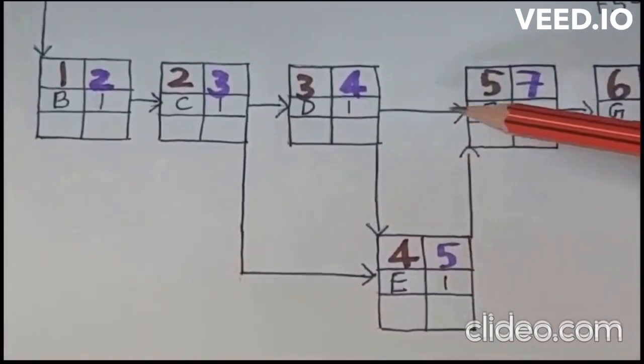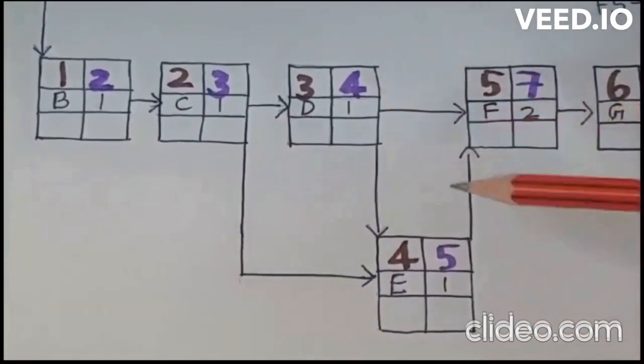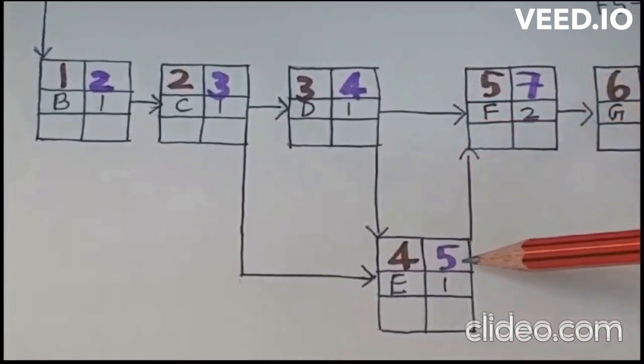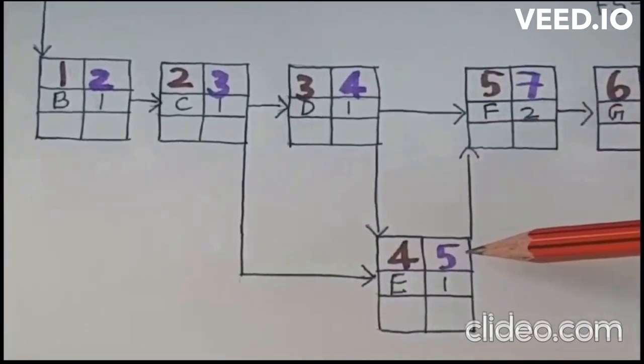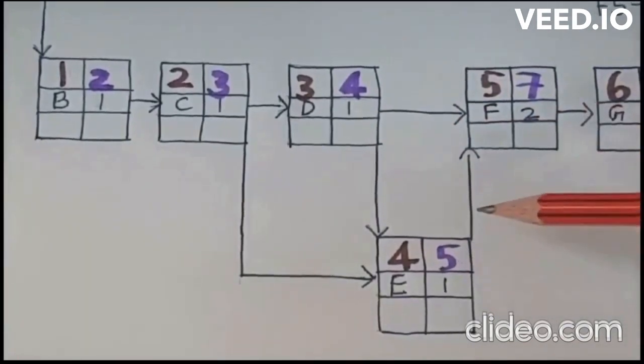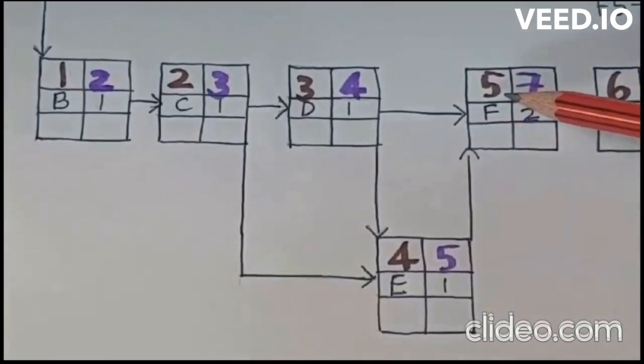So the earliest finish time of activity D is 4, whereas the earliest finish time of activity E is 5. So which one is maximum? In the forward pass, we have to take the maximum value, right? So 5 is the maximum value. So that value we take as the earliest start time for activity F.